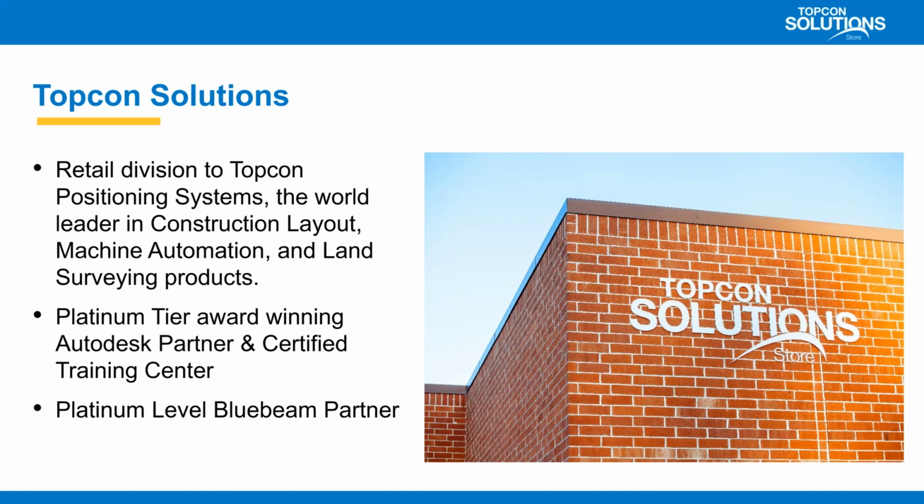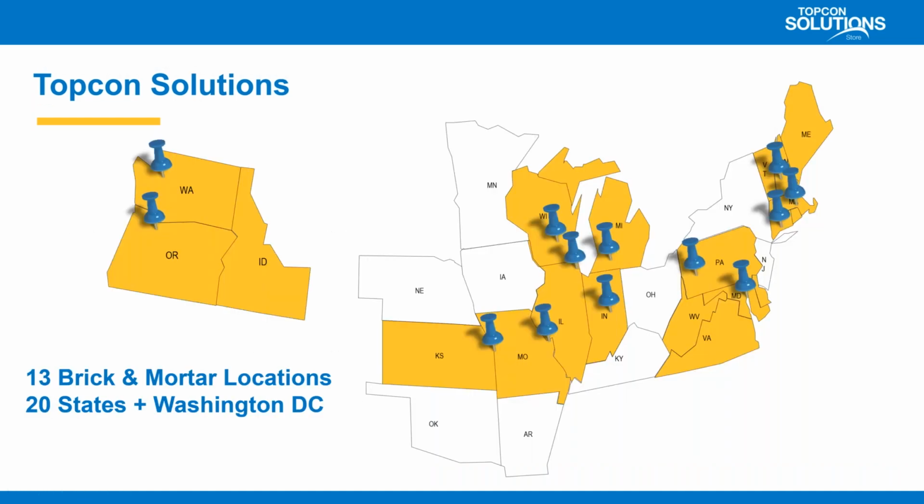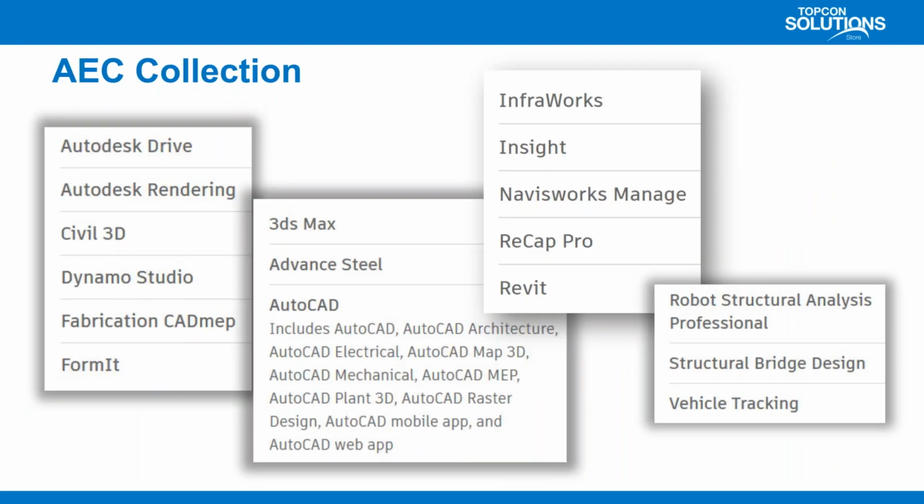Topcon Solutions is a Platinum Tier award-winning Autodesk value reseller and a Platinum level Bluebeam partner with certified instructors on staff. We have 13 brick and mortar locations, and we are in 20 states and Washington, D.C.